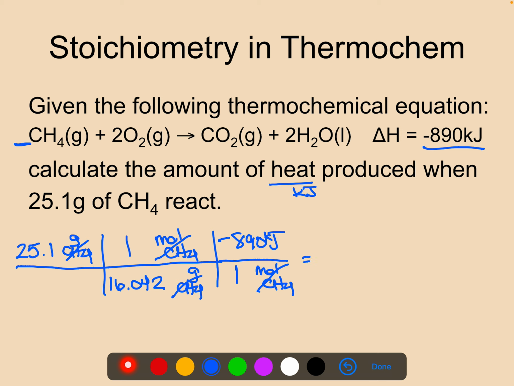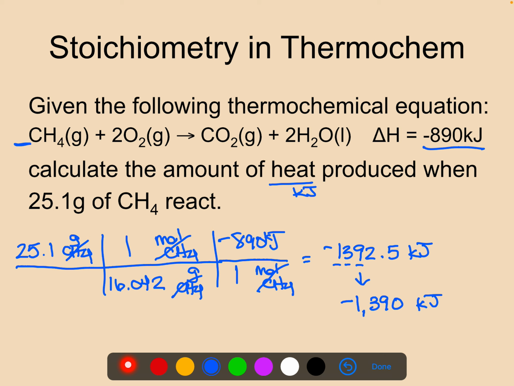So we solve this just like normal. If you put this in the calculator, you get negative 1,392.5 kilojoules. In terms of sig figs, remember, look at your original numbers. That 25.1 had 3 sig figs, so this would end up being negative 1,390 kilojoules.